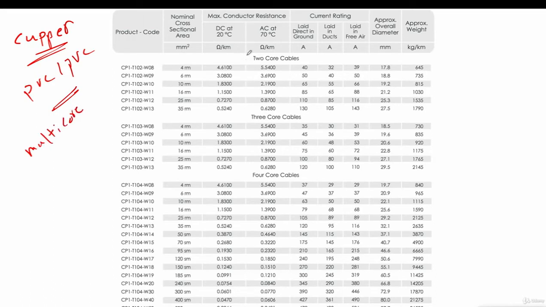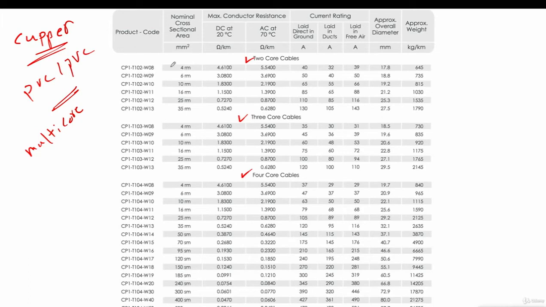This section is for 2 core cables, this section for 3 core cables, and this section for the 4 core cables. This column is the cross section area, starting from 4 square millimeters.